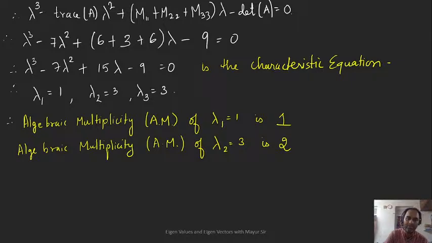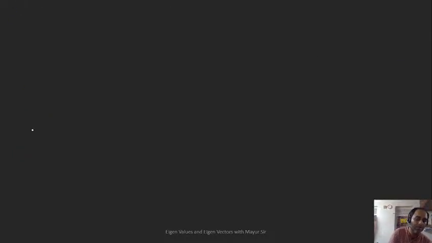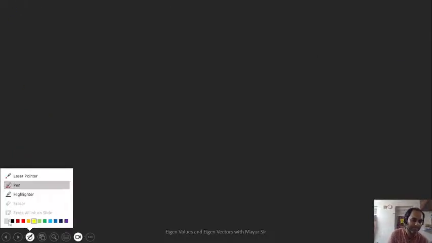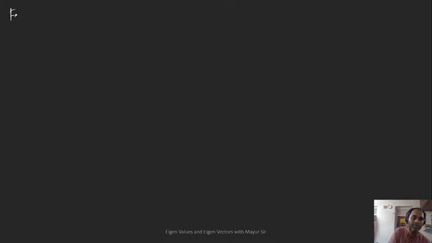First, for lambda 1 equal to 1, we find the eigenvector from A minus lambda 1 I times X equal to 0. Now we need to find something called geometric multiplicity.